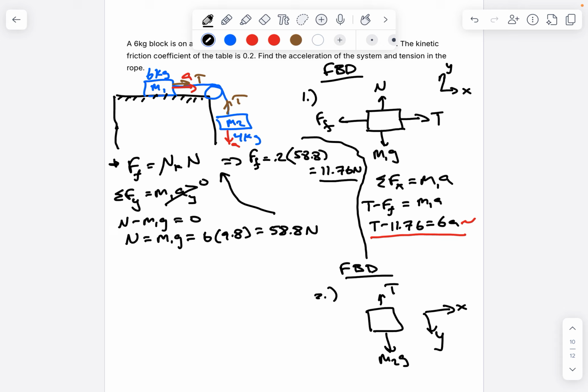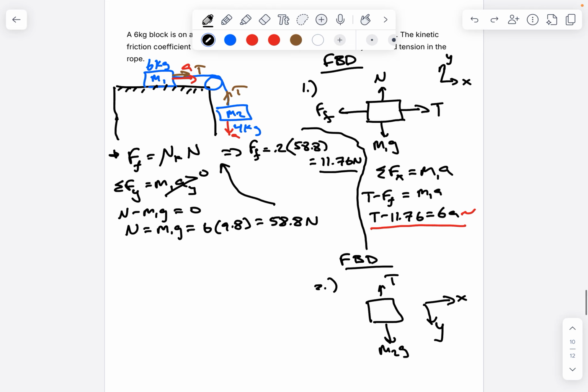You can draw it as positive y to the top. It isn't wrong. You can solve both ways and you'll get the same answer, but just be very careful with the signs. For this case, just to show you something new, I'll have my coordinate system be like this.